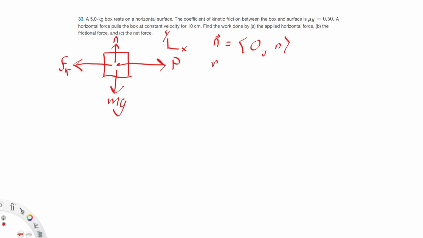Our weight is nothing in the x direction, all in the negative y direction. The pulling force is all in the x direction. Our friction is all in the negative x direction.